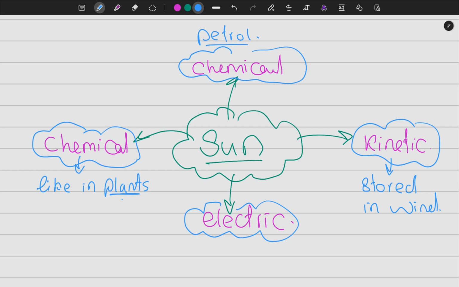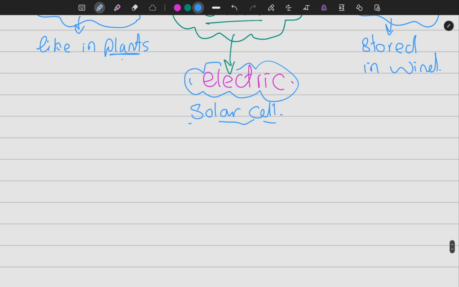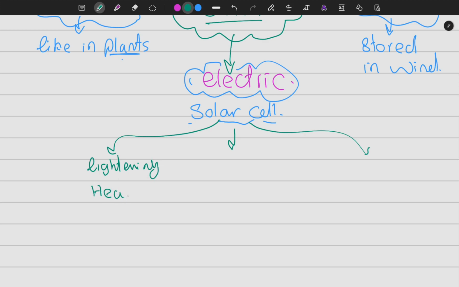Okay, number 4, electric energy as in solar cell. All of you know solar cells, and we saw them in the class. Solar cells can generate electricity, and this electric current we can use in ways like lighting or heating our homes.